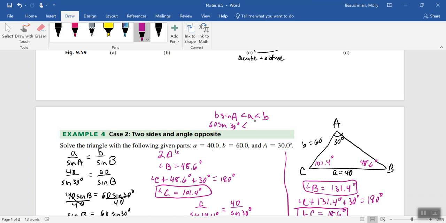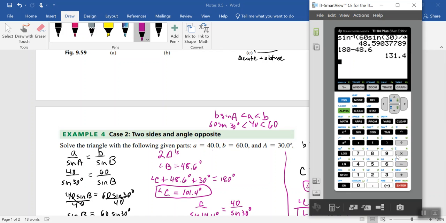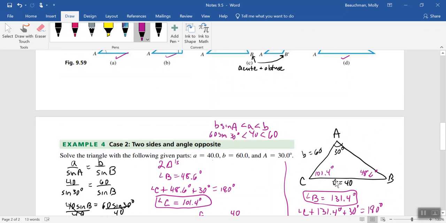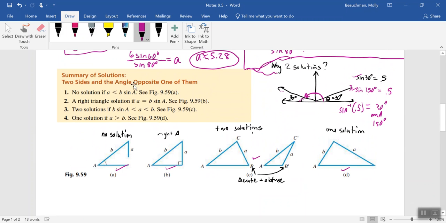Is that less than a, which is 40, which is less than b, which is 60? So if we get 60 times the sine of 30, we end up with 30, which is less than 40, less than 60. So that's how you tell if you're going to have two solutions or not. So use this chart when you're given two sides and the angle opposite to see what's going to happen, and then it will let you know whether you are going to have two solutions, one solution, or no solutions.